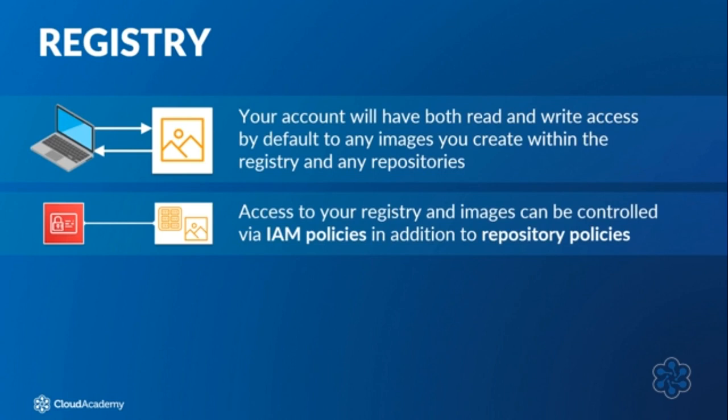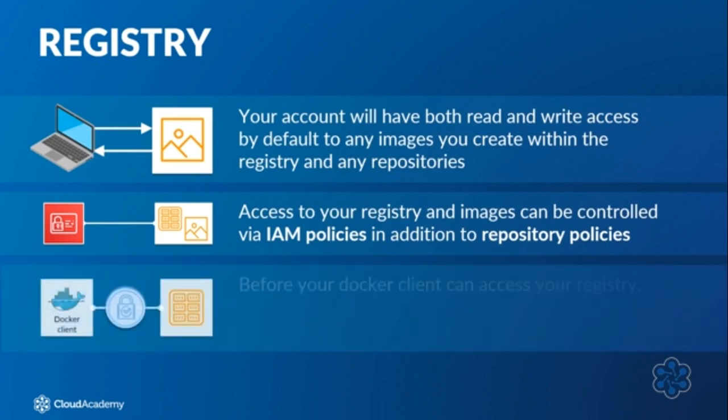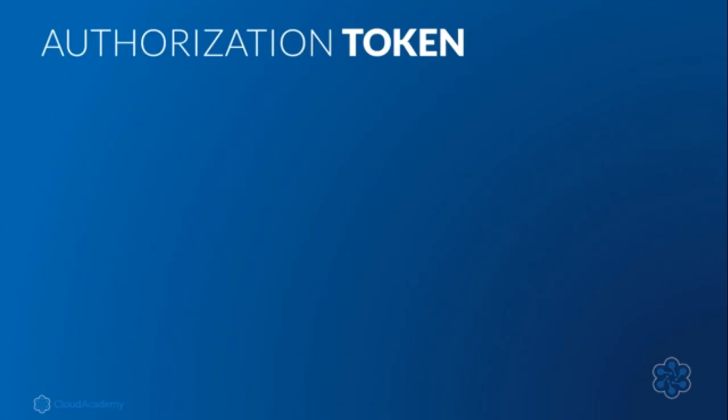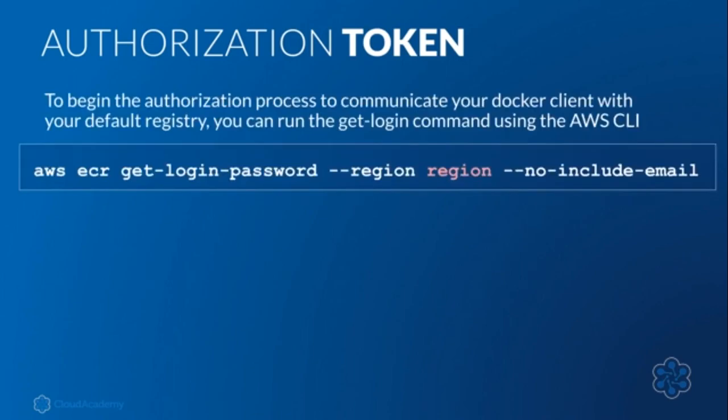As the Docker command line interface doesn't support the different AWS authentication methods that are used, then before your Docker client can access your registry, it needs to be authenticated as an AWS user, which will then allow your client to both push and pull images, and this is done by using an authorization token. To begin the authorization process to allow your Docker client to communicate with your default registry, you can run the get login command using the AWS CLI as shown, where the red text should be replaced with your own region.